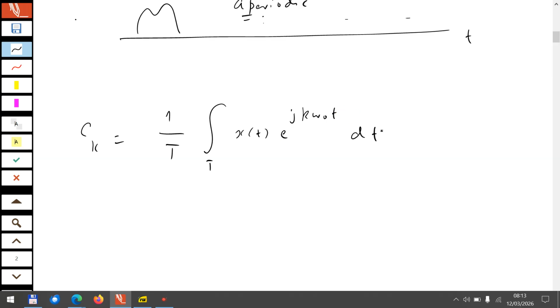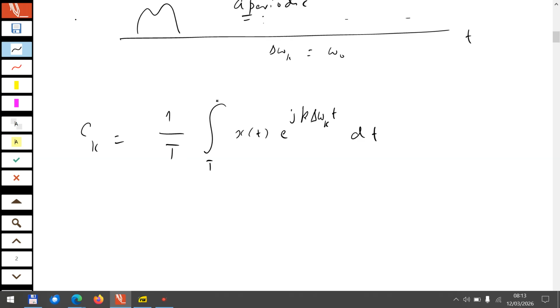And now this k omega naught, we can replace with k times, and that omega naught I know is also the spacing, delta omega k. So I can simply say k times delta omega k.